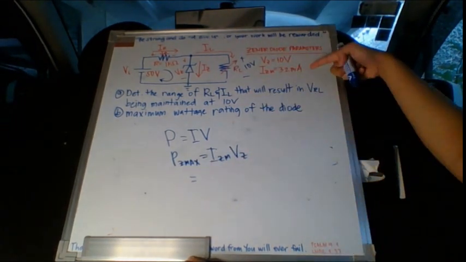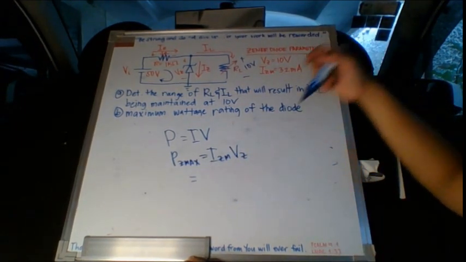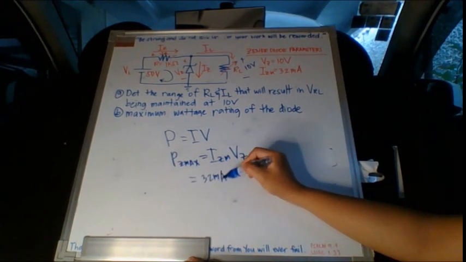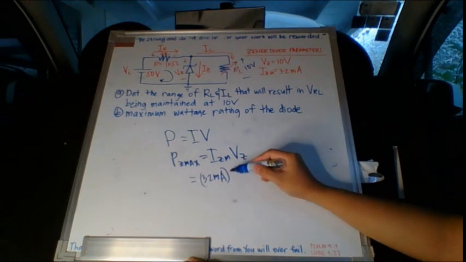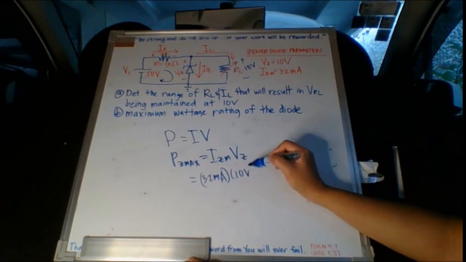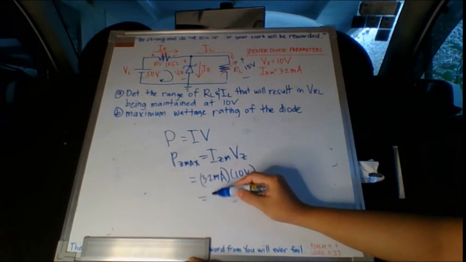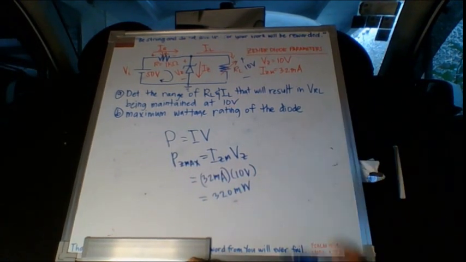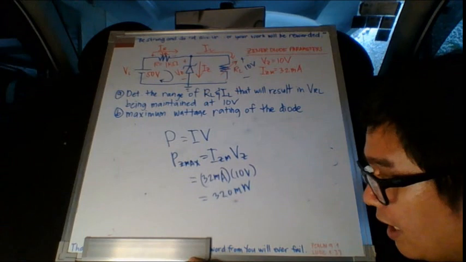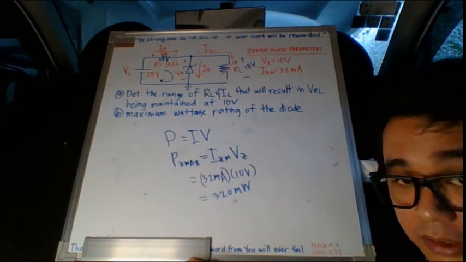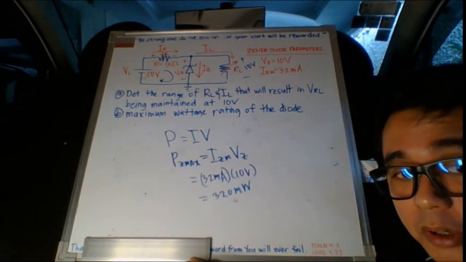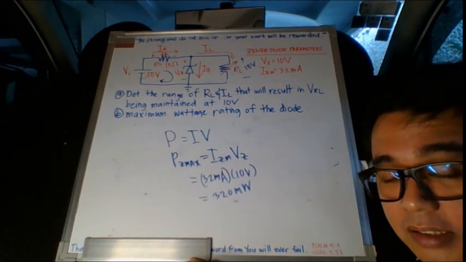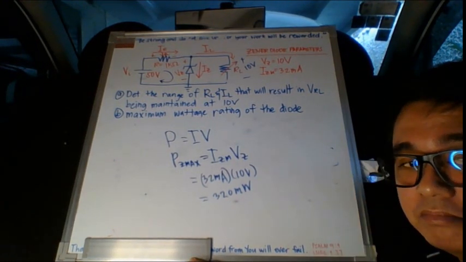Equals, we have IZM of 32 milliamperes times a nominal Zener voltage of 10 volts. This is equal to 320 milliwatts. Ibig sabihin, yung Zener diode natin na ito, ang maximum na power na kaya niya lang i-handle ay 320 milliwatts. Hindi na pwedeng lumagpas dyan.